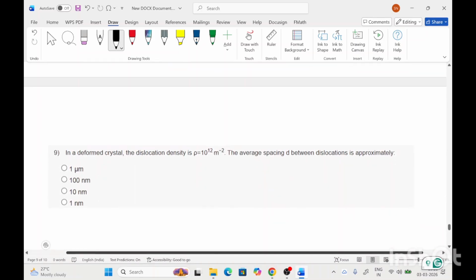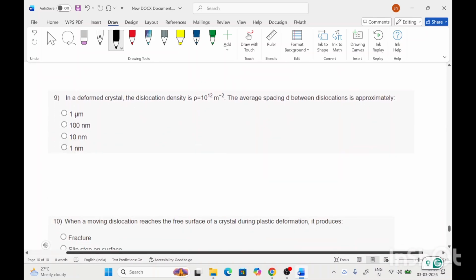Next question: in a deformed crystal, the dislocation density rho is 10 raised to power 12 per meter square. The average spacing d between dislocations is approximately? The average spacing between dislocations is given by L average equals 1 by square root of rho.